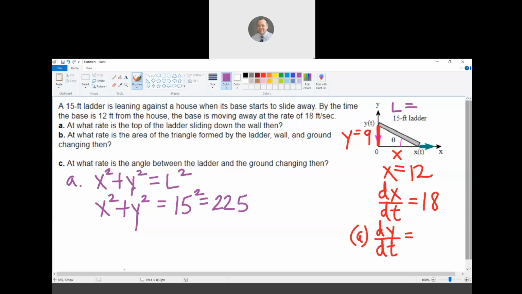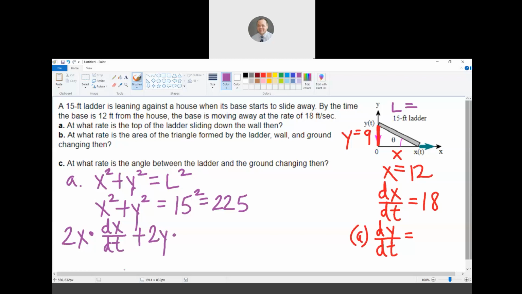At this point, take the derivative of everything. And again, our independent variable is time. So to start, when we take the derivative of x squared, that is 2x. And because we're taking the derivative of x with respect to time, we need that dx over dt, plus the derivative of y squared is 2y.